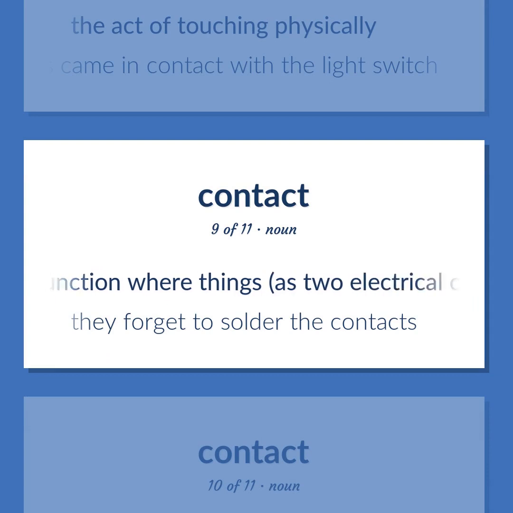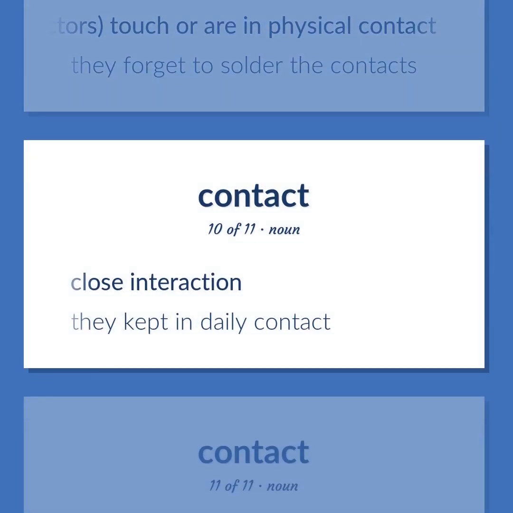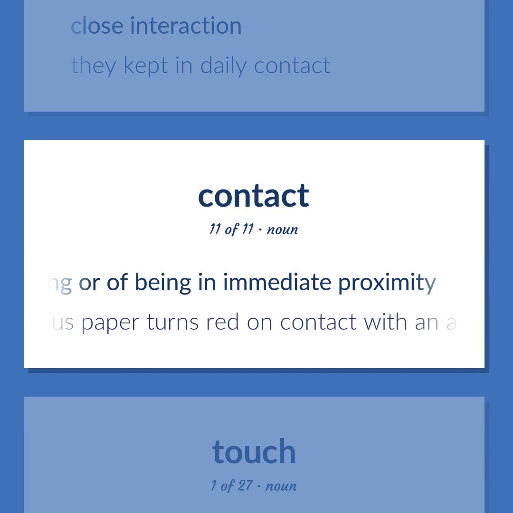A junction where things, as two electrical conductors, touch or are in physical contact. They forget to solder the contacts. Close interaction. They kept in daily contact. The state or condition of touching or of being in immediate proximity. Litmus paper turns red on contact with an acid.